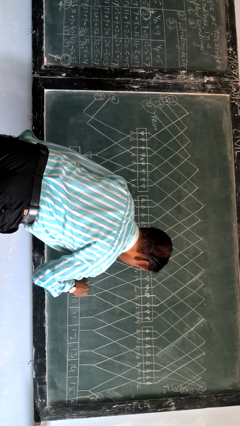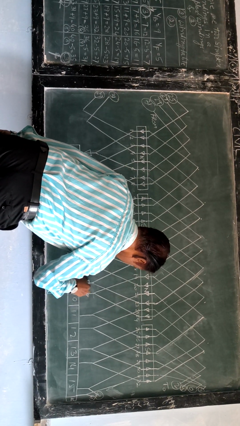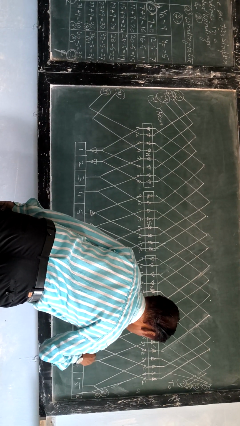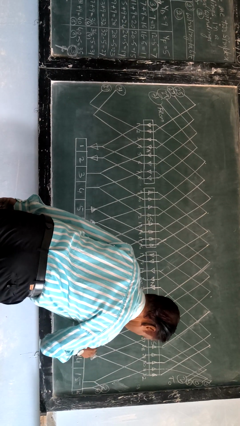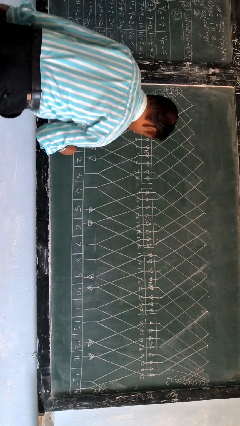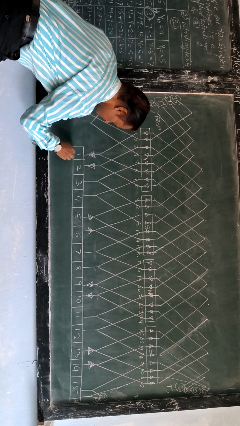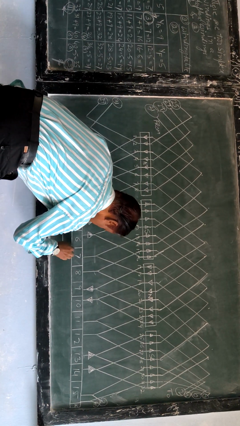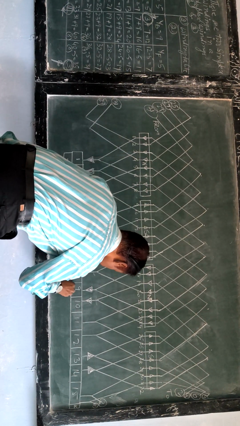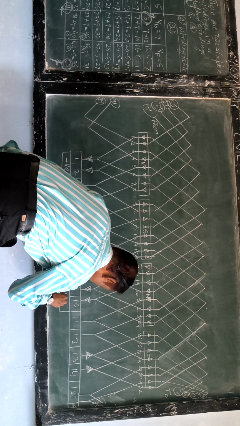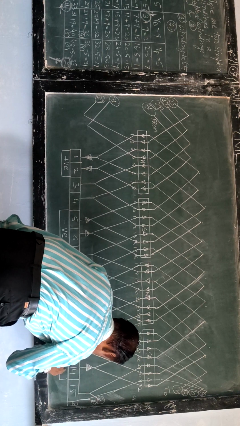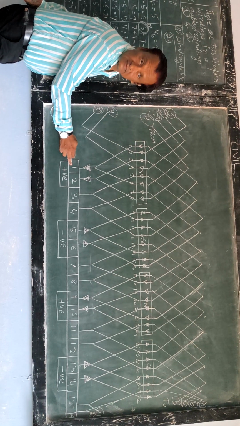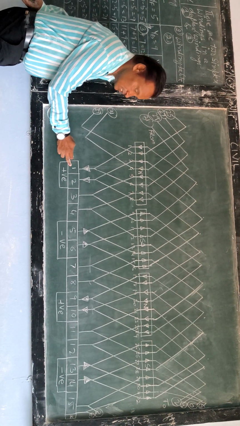And this one. So you can see two commutator segments. The brush is going to have a contact with two commutator segments.